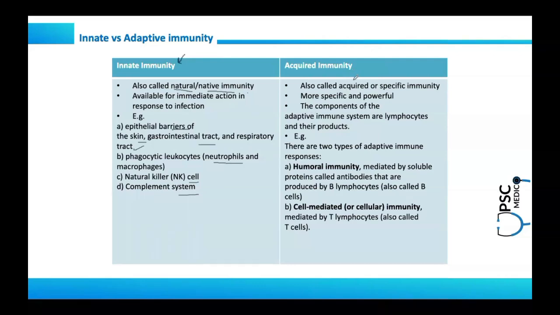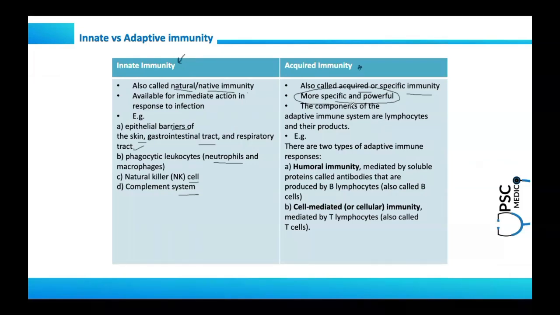And when it comes to acquired immunity, we also call it acquired or specific immunity. This acquired immunity part is more specific and powerful, but it is not readily available. You need a prior antigenic stimulus so that the acquired immunity can act.